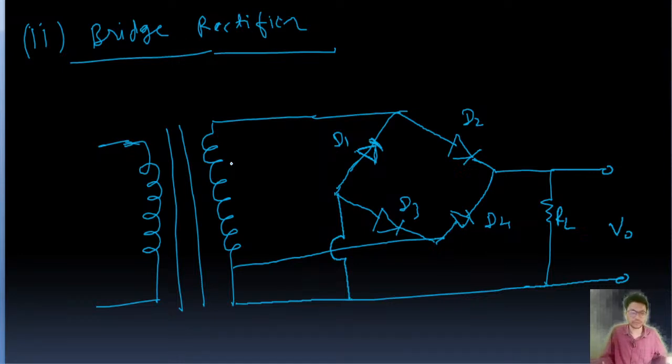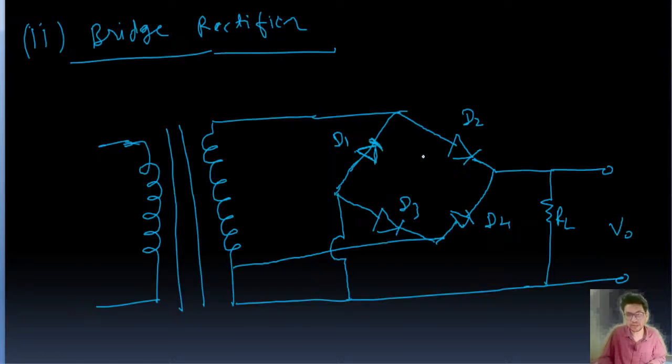Now for the positive half cycle, D2 and D3 are forward biased, and D1 and D4 are reverse biased.